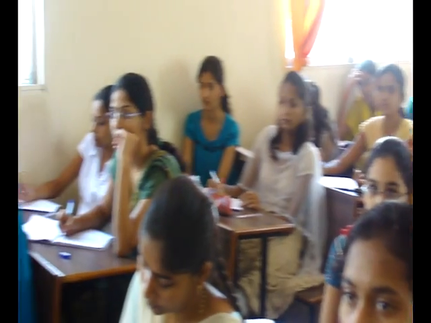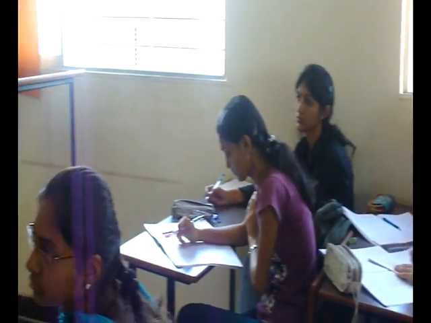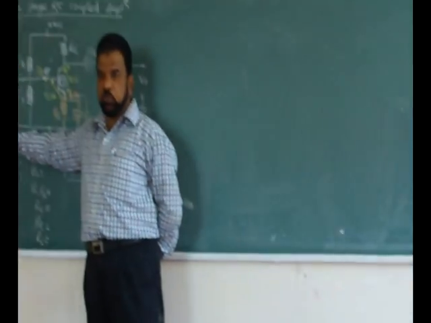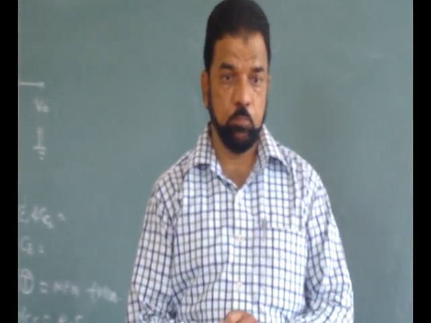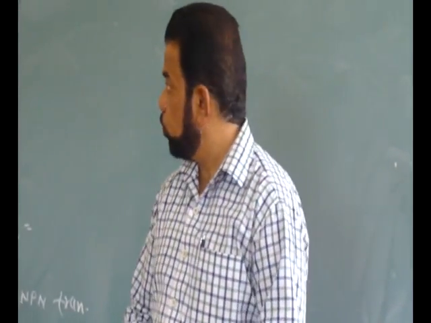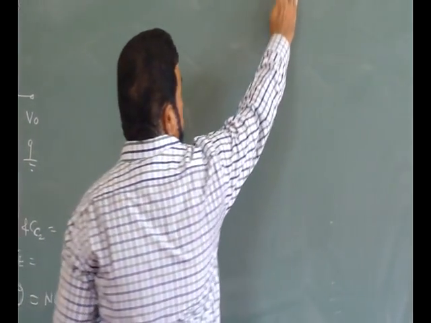It blocks the DC. Similarly, if this capacitor is not there, some DC will pass through the AC input signal. That will disturb the function, so CC1 is a must. Now before we go to the problem, let us cover one more thing, that is the AC equivalent circuit.